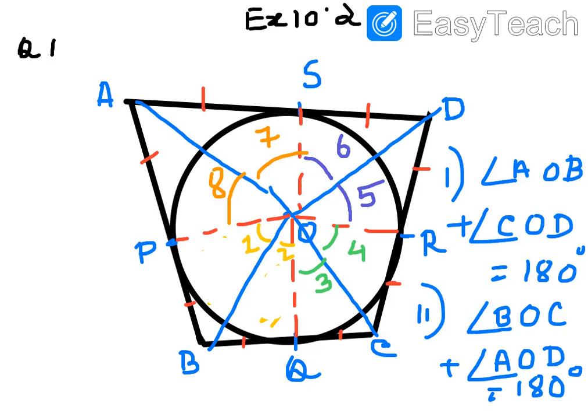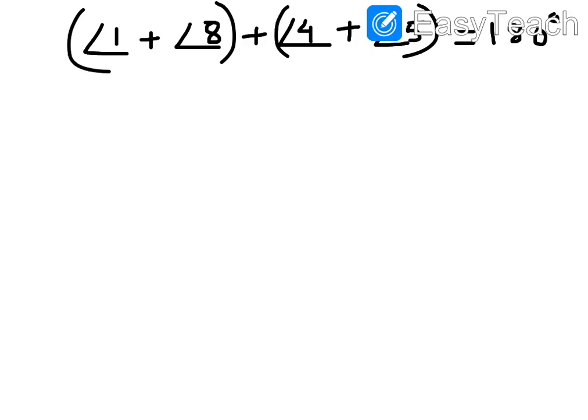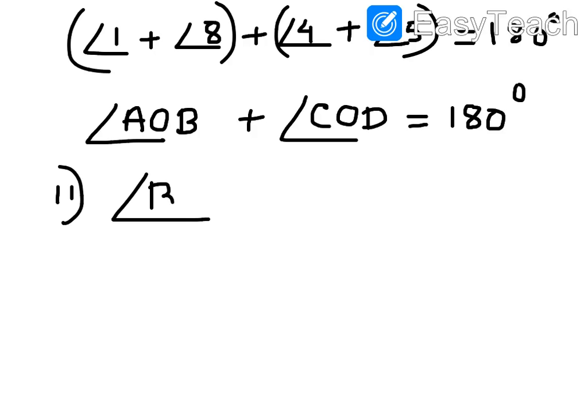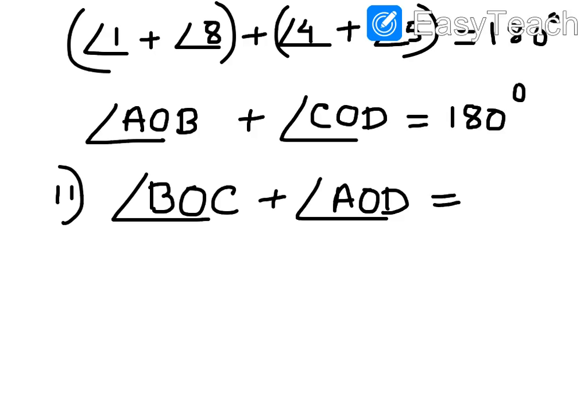So I can write them as angle AOB plus angle COD is equal to 180 degrees. Proved. Similarly, we can prove the second part, that is angle BOC plus angle AOD is equal to 180 degrees.